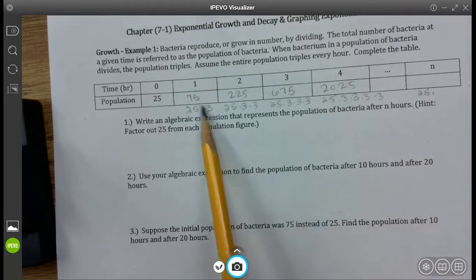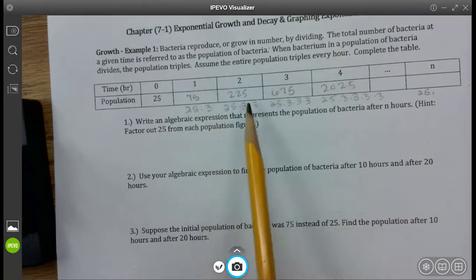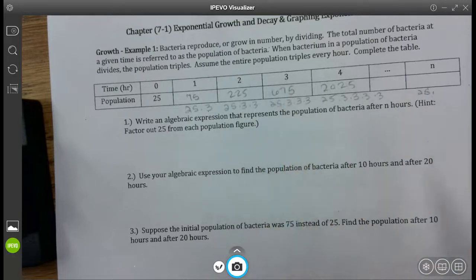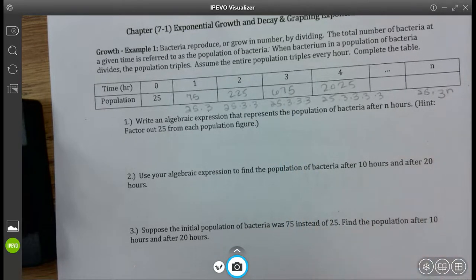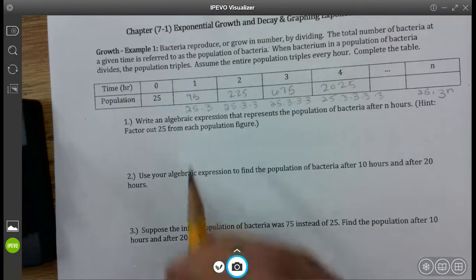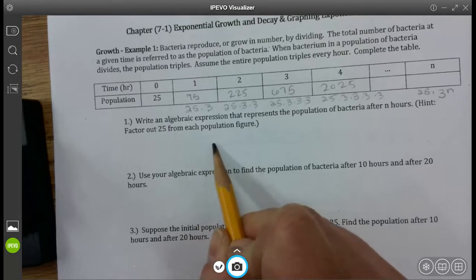Well, there's 1 three for 1 hour, 2 for 2 hours, 3 for 3, so it's going to be 3 n times. So it says write an algebraic expression that represents the population of bacteria after n hours.